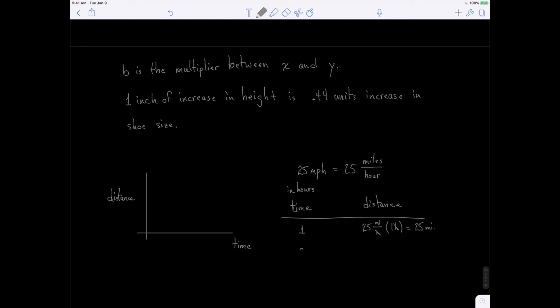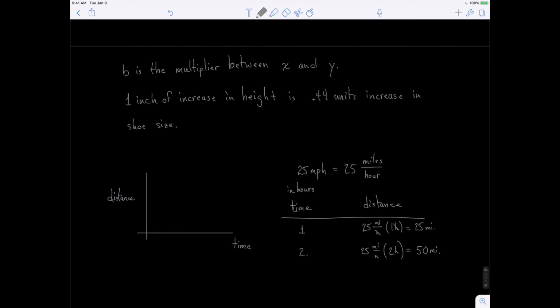Well, what if I drive for 2 hours? Well, that would be 25 miles per hour times 2 hours. And again, the hours would cancel, and you say, well, I drove for 50 miles. So there's one that we've seen many times before, that when we talk about our speed is actually a linear function, or we'd say a linear equation.